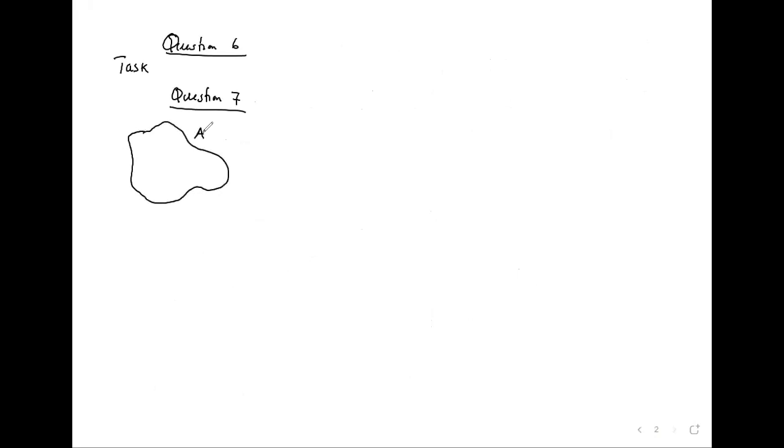This is bag A. And then you have another bag here, which is bag B. So bag A contains 3 white counters and 2 black. Bag B contains 2 white and 3 black.